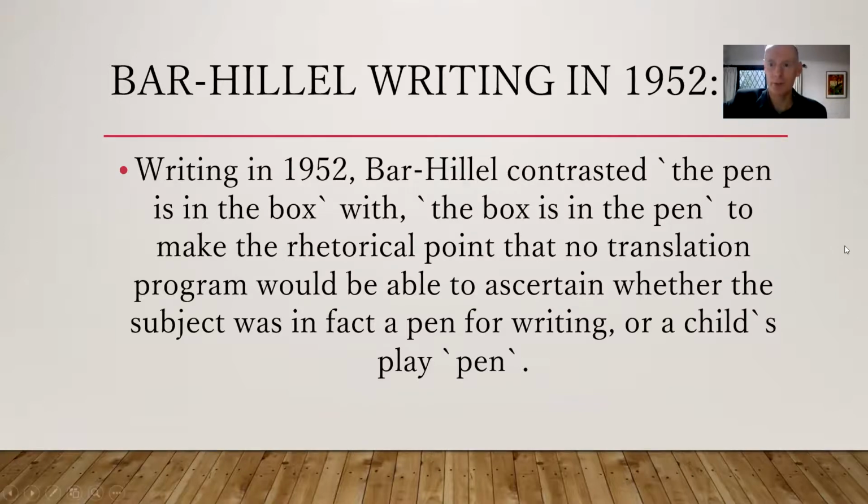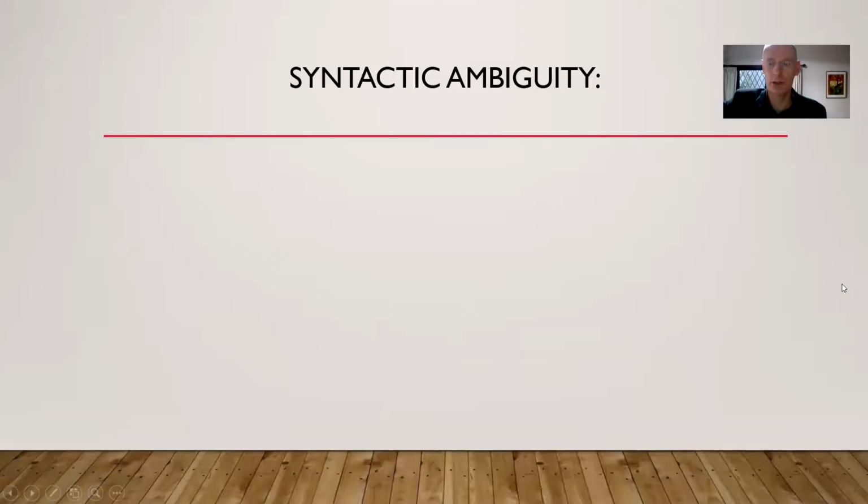But of course, the internet or any software used for online translation doesn't have the same cultural knowledge as humans do. So this is one of the stumbling blocks. And we can refer to this as syntactic ambiguity.